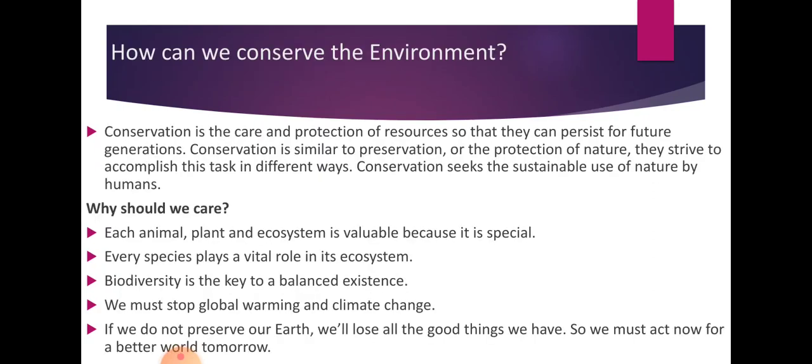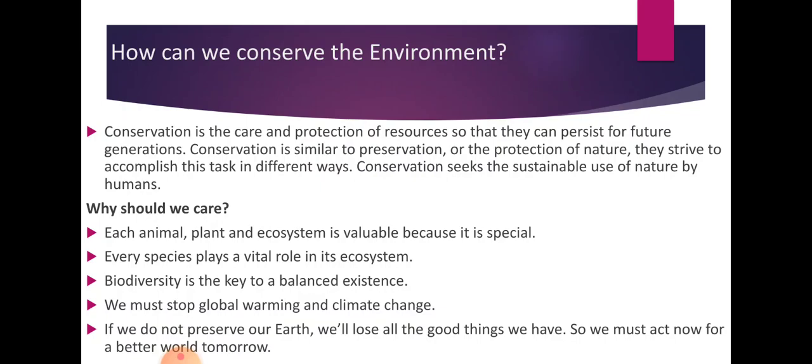So this particular thing is known as sustainable development. So what is sustainable development? Sustainable development is a process in which we need to protect and use the products in such a manner that our future generation can also use those products.